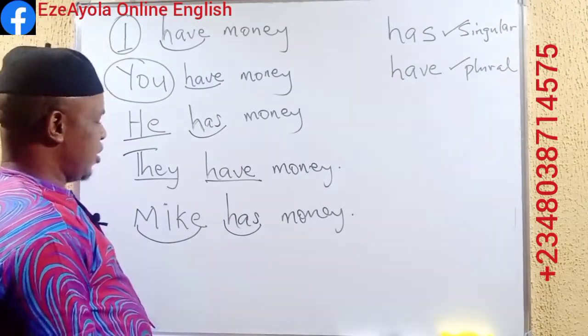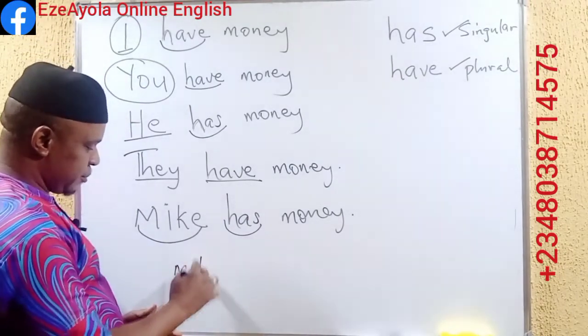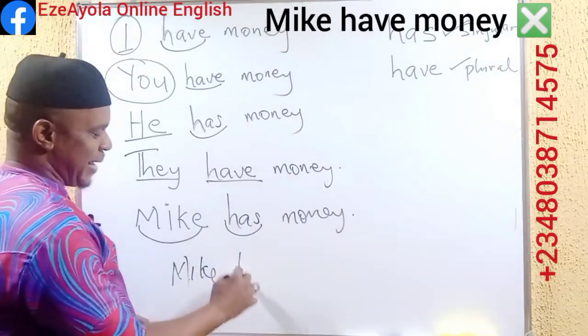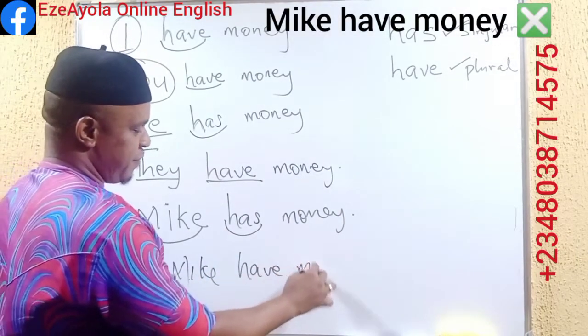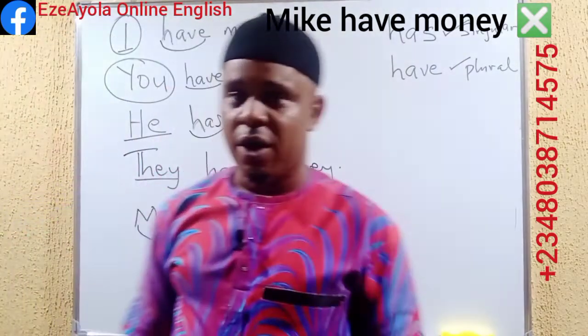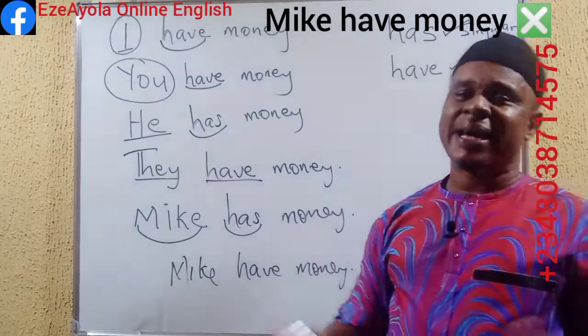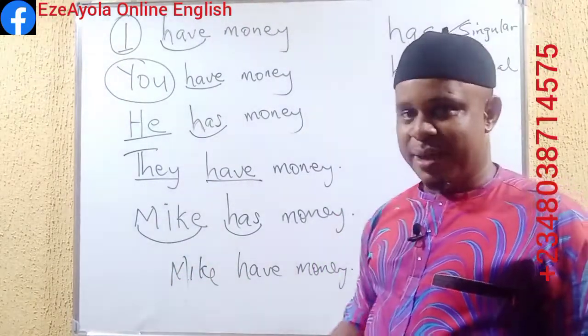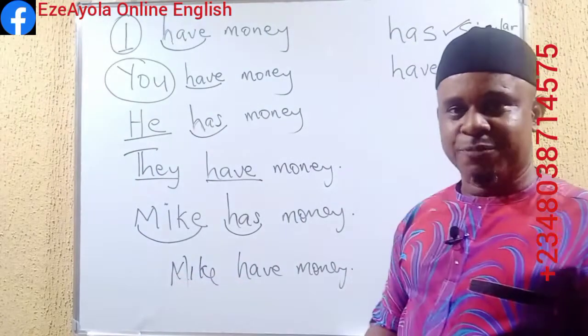Has, okay? You don't say Mike have money. Very bad English. But then, take note that people often speak like this. Mike have money. Okay? It's wrong. Rather, you say, Mike has money.